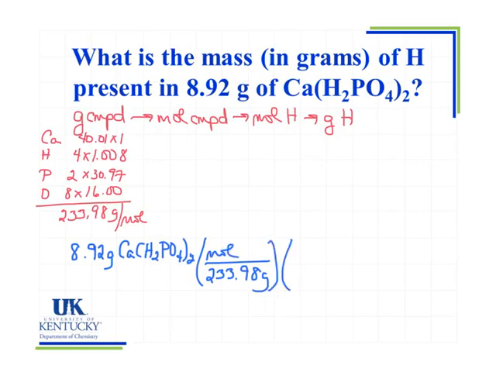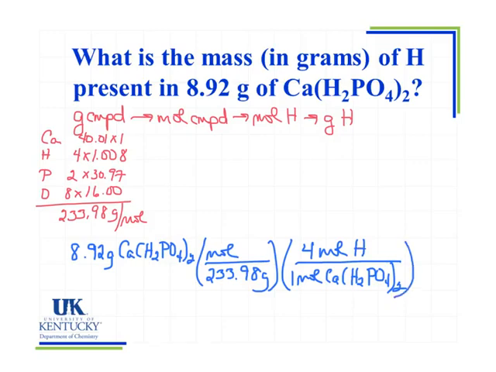Then we're going to say, well, for every 1 mole of Ca(H2PO4)2 we have 4 moles of hydrogen. And where this comes from is these subscripts. Here we have 2 moles of hydrogen for one of these ions, and we have 2 of those ions per unit of the compound. So I know I have 4 moles of hydrogen for every 1 mole of the entire compound. Now we can use our molar mass of hydrogen, which is 1.008 grams per mole of hydrogen.